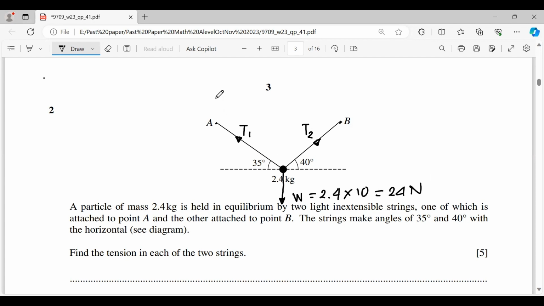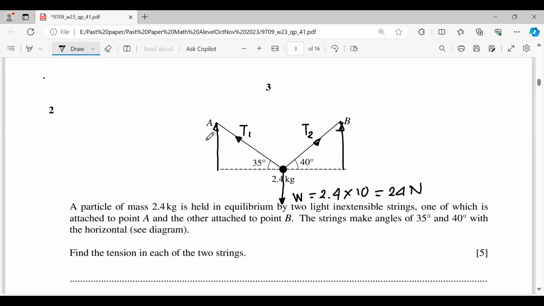And secondly, I'm going to find two forces acting on this particle, two forces vertically upwards.